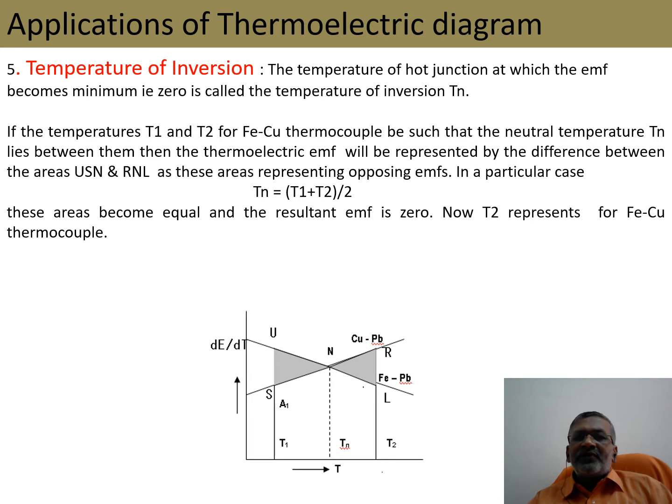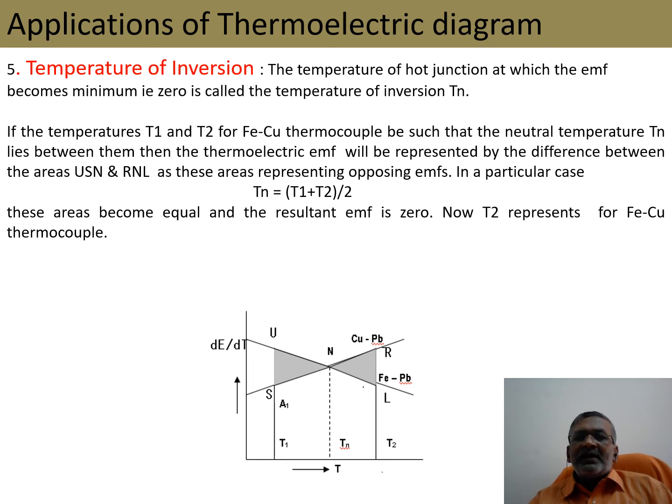The temperature of the hot junction at which the thermo EMF is minimum is called the temperature of inversion Tn. If the temperatures T1 and T2 for an iron copper thermocouple are such that the neutral temperature Tn lies between them, then the thermoelectric EMF will be represented by the difference between the areas USN and RNL, as these areas represent opposing EMF in a particular case.